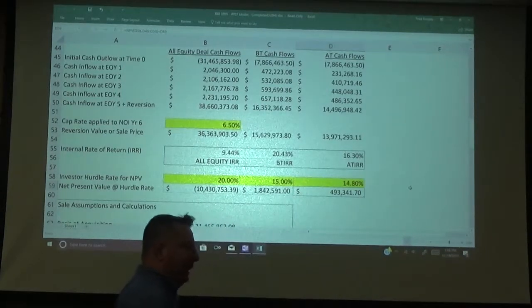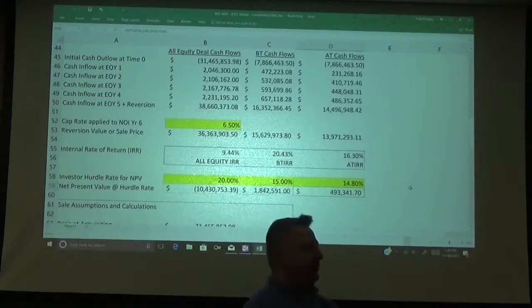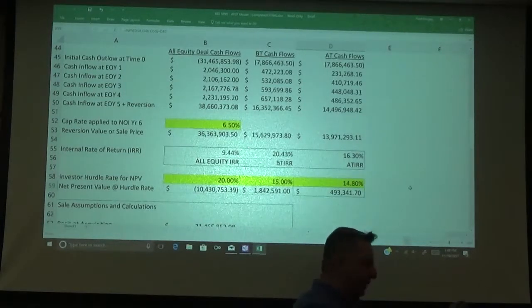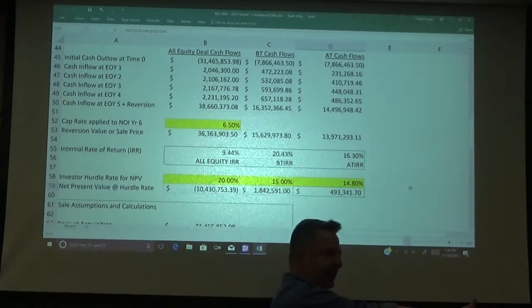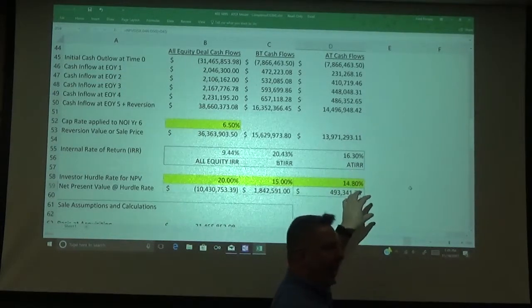Because what I was saying was, I want on an after-tax basis $500,000 sitting on a table, for me, in essence, prior to actually making this investment. What would be my hurdle rate? What would it need to be in order to allow me to achieve that?